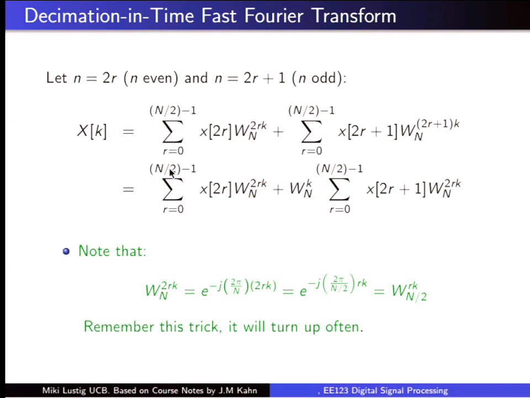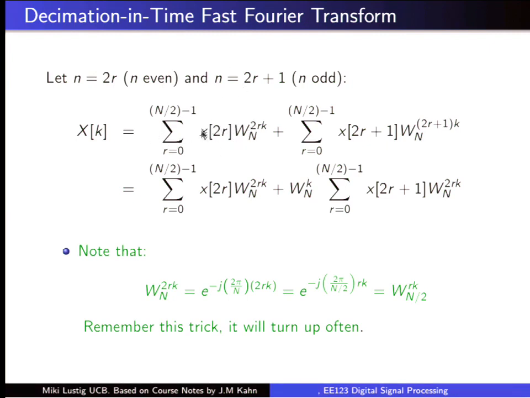So, n is a problem if we want to sum over the evens and over the odds. So let's change variables and call n equal to 2r for the even ones, and n equal to 2r plus 1 for the odd ones. Now I can sum over r instead of summing over n's, and I can sum normally, like 1, 2, 3, as opposed to 1, 3, 5, stuff like that.